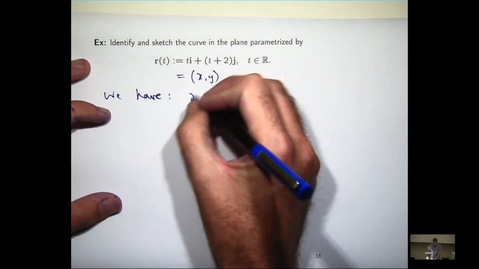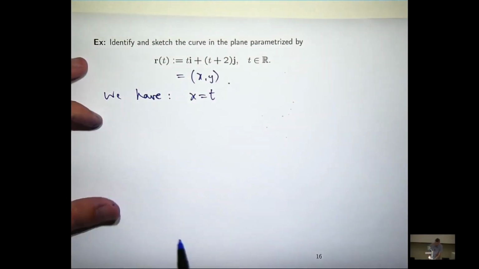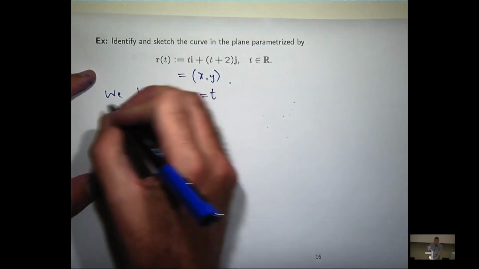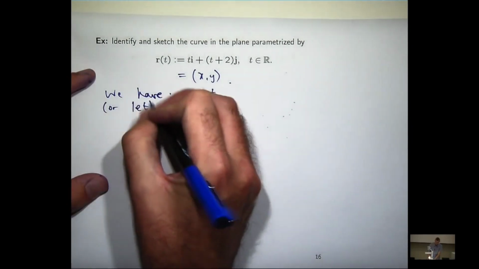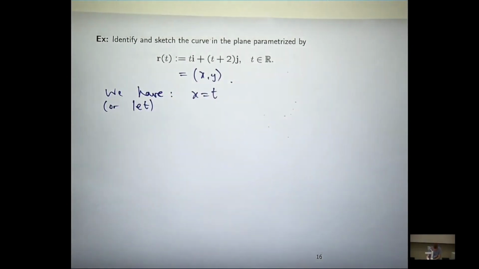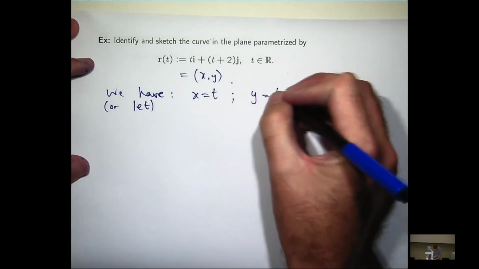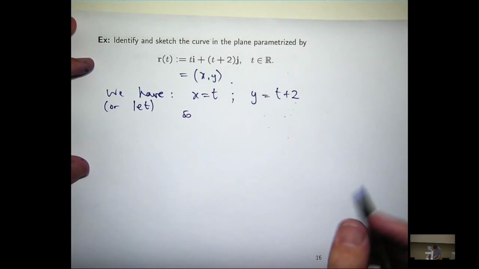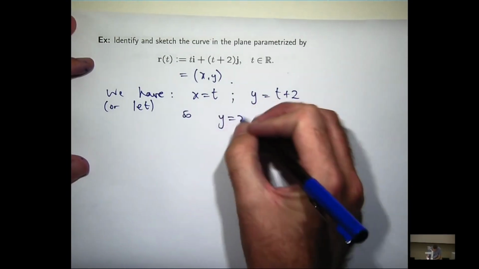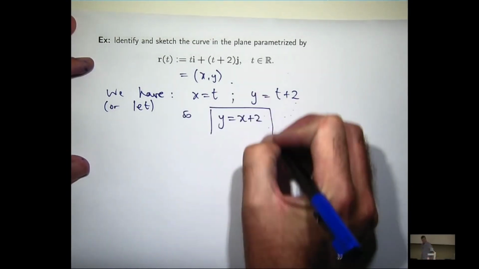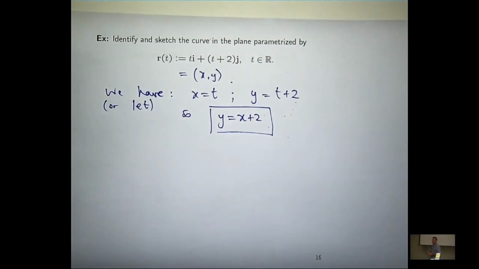Alright, so let x equal t and y equal t plus 2. We eliminate t to get a basic line.